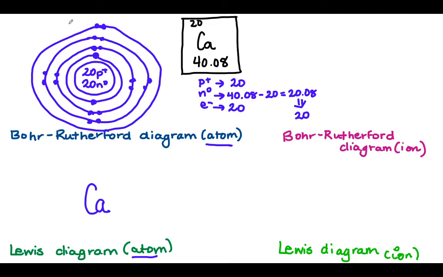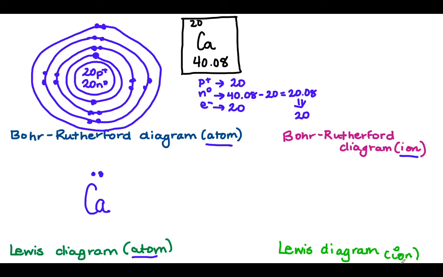So these are the electrons that you find on the very outside shell. And on the very outside shell, we only have 2 electrons. So I'm going to draw those 2 right there. And that's it.